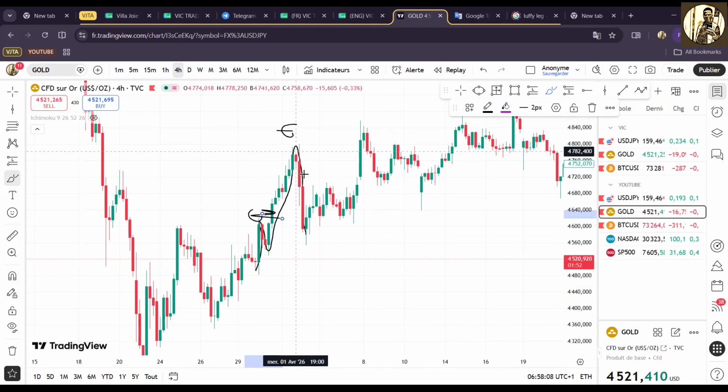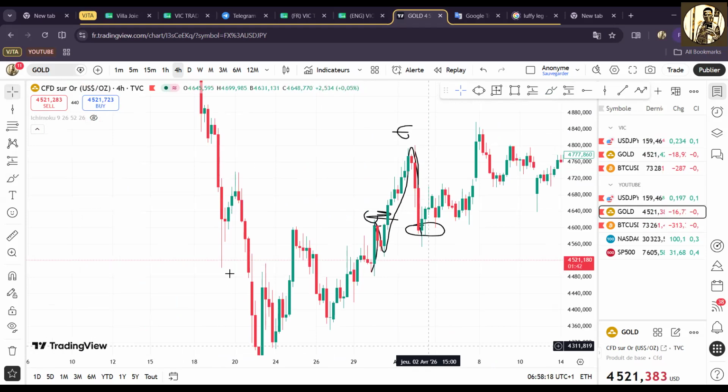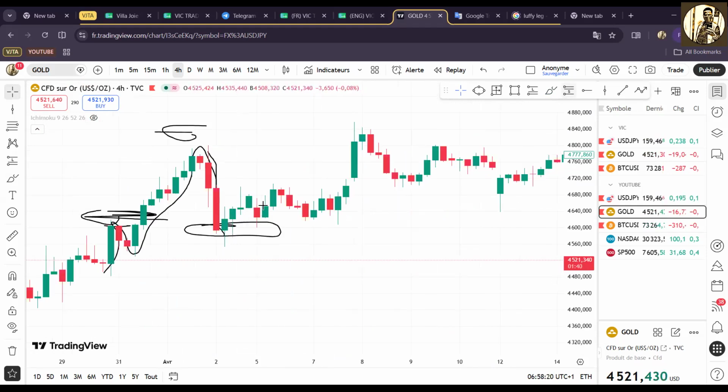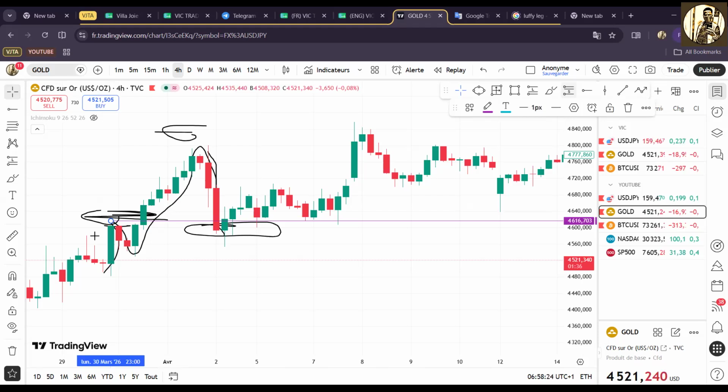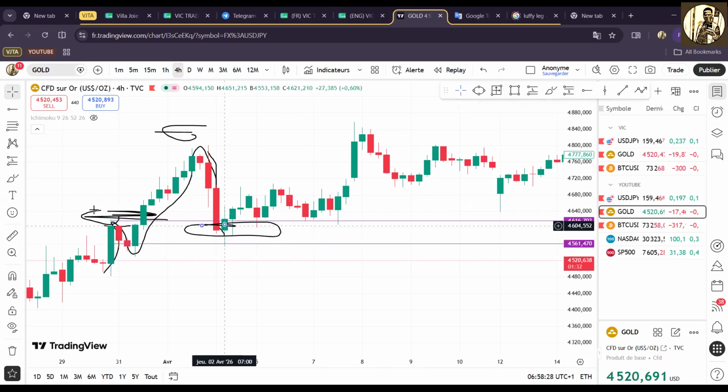Then what happened is that the price fell down to the same high as the Mount Cameroon here. And where is the zone? From this point of view, the high of this candle on the left is the zone, and it gives you this rectangle.